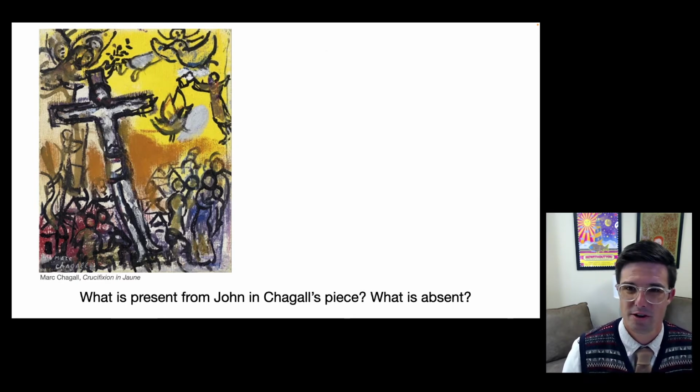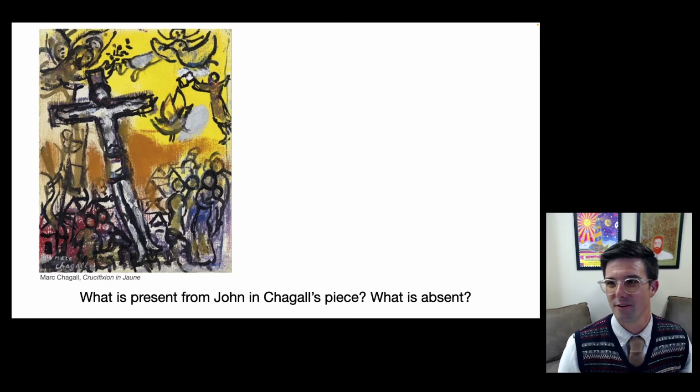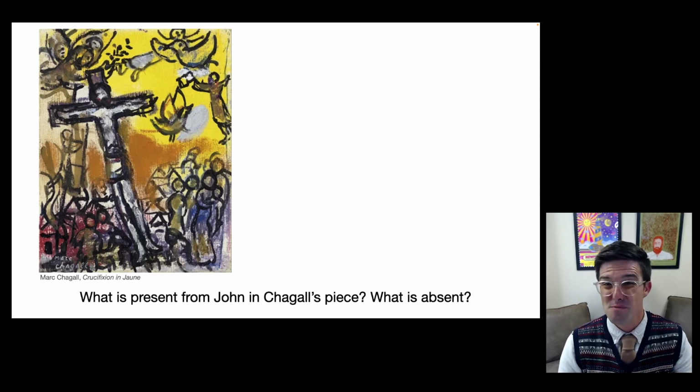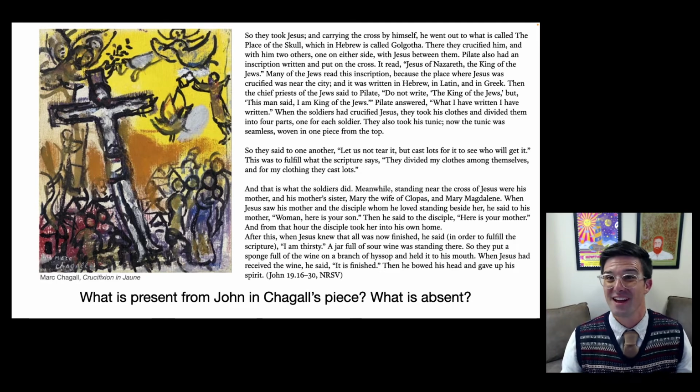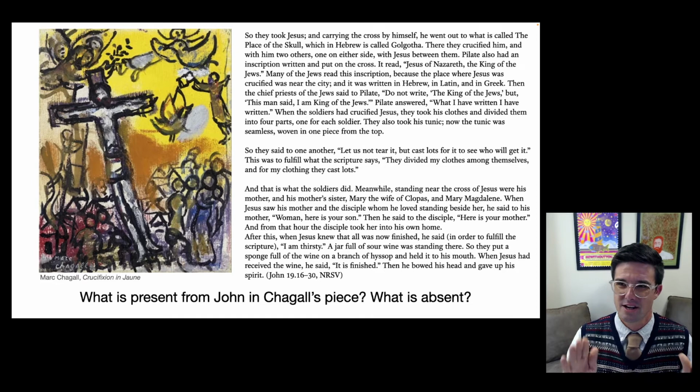All right, with your new folder, document, or physical notebook ready, we're going to do another lecture pause, a more textually oriented one. It's going to get us to start with a close reading of the Gospel of John.